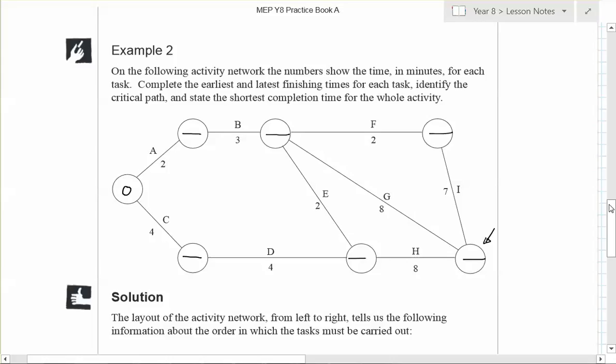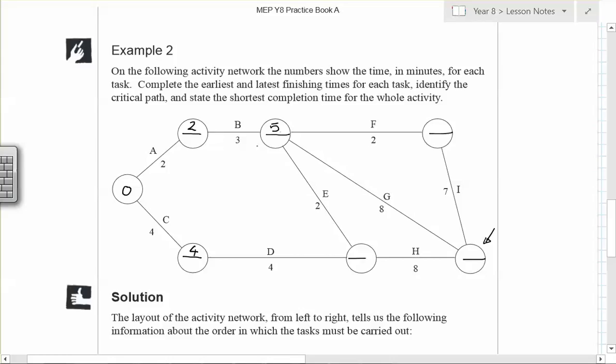So, obviously, the first 2 are nice and easy. So you should have put a 2 and a 4. The next one, B, takes 3 minutes, so this has to be 5. D, K. This one we need to think about, because it's got 2 routes coming into it.